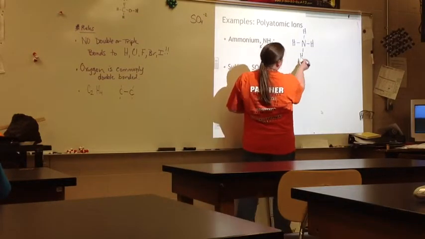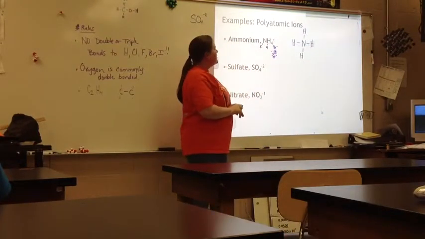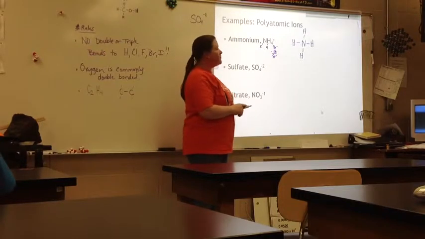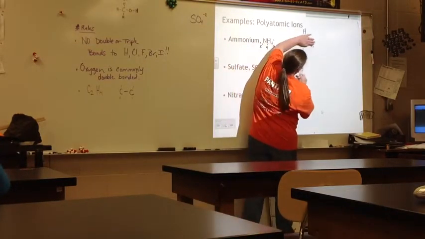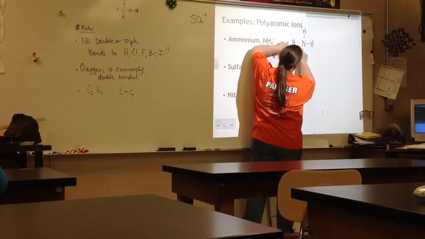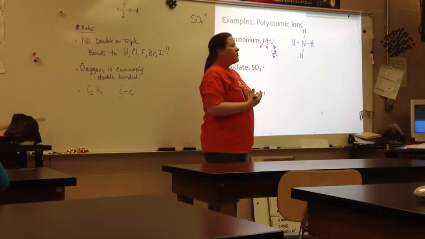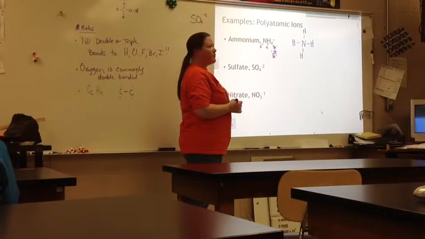So nitrogen does indeed have 8 electrons around it. Hydrogen, because it only has 1 electron to begin with, is stable with 2. So each hydrogen is associated with 2 electrons. So the distribution and the way I have the electrons and the atoms connected works out.